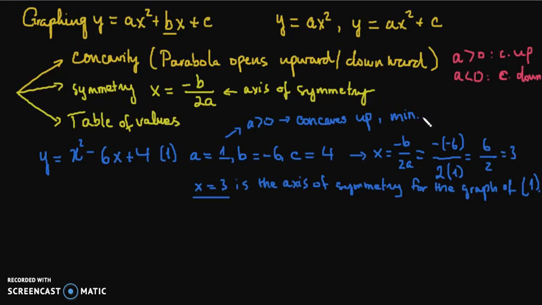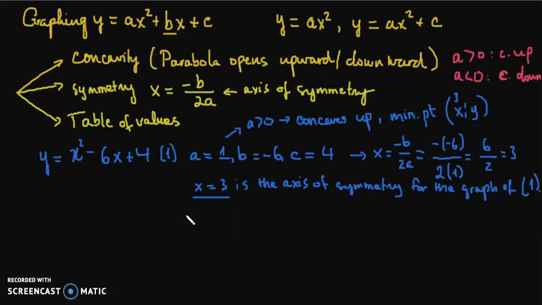So we need an x and y ordered pair to represent this minimum point. We already know that x equal to 3, and we need to find y. How do we find y? You plug x equal to 3 into the original function, number 1.